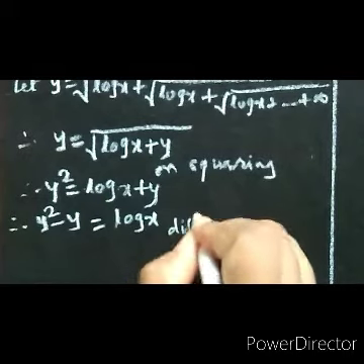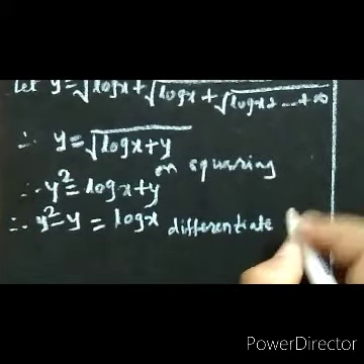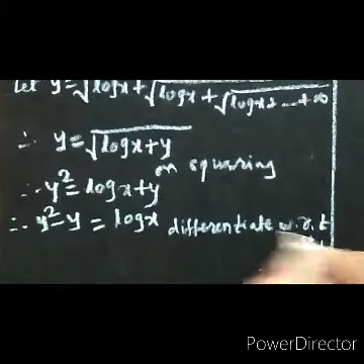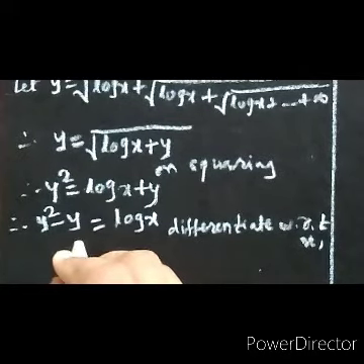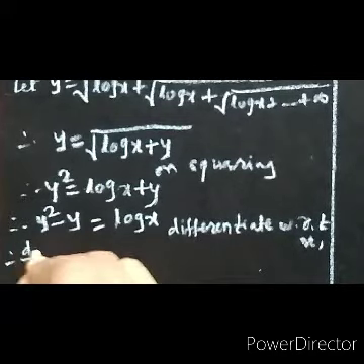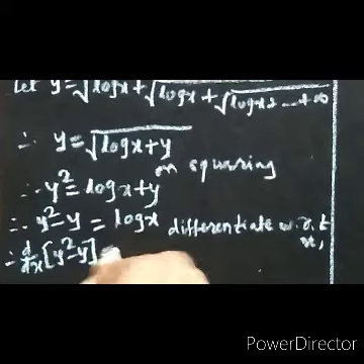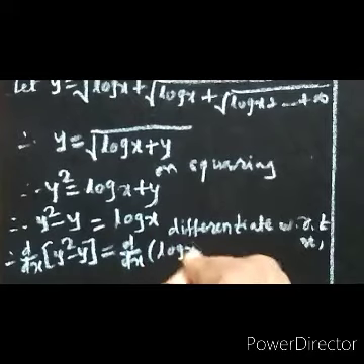Now differentiate with respect to x, because y is a differentiable function in x. Therefore d by dx of y square minus y is equal to d by dx of log x.